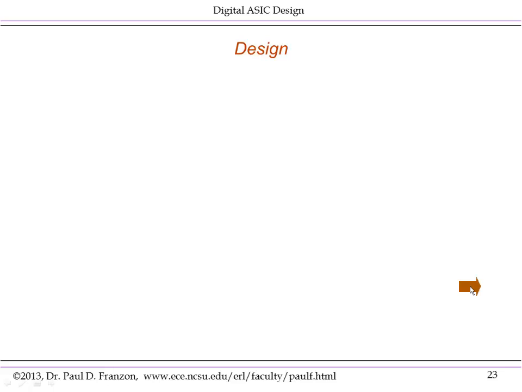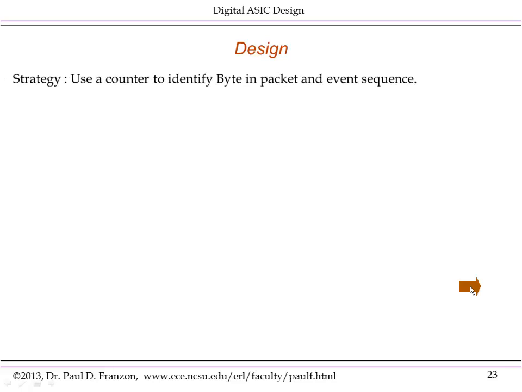So let's talk about the steps of the design. And remember, I'm going to sketch a design here before coding it. The first step, which is what we already went through, is to identify a strategy for performing the intended logic function. Again, we're going to use a counter to control an accumulator and to decide when to do the comparison.